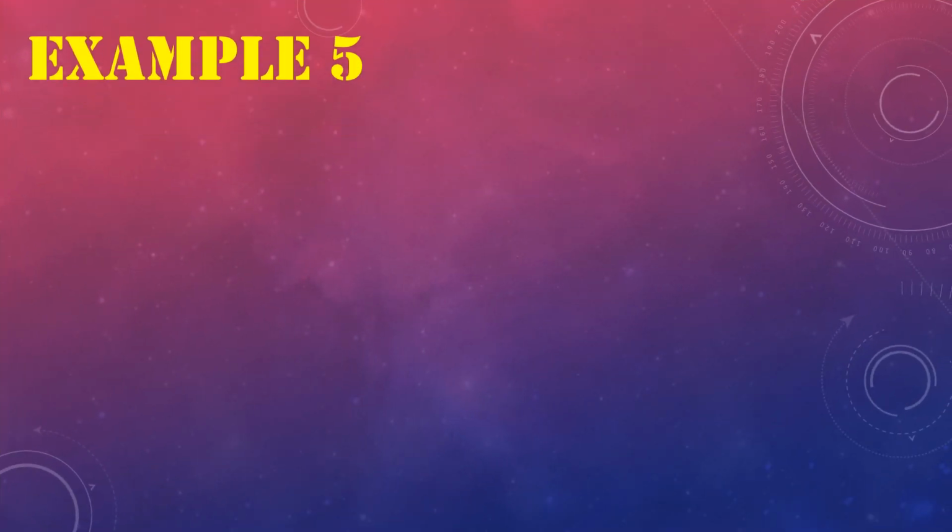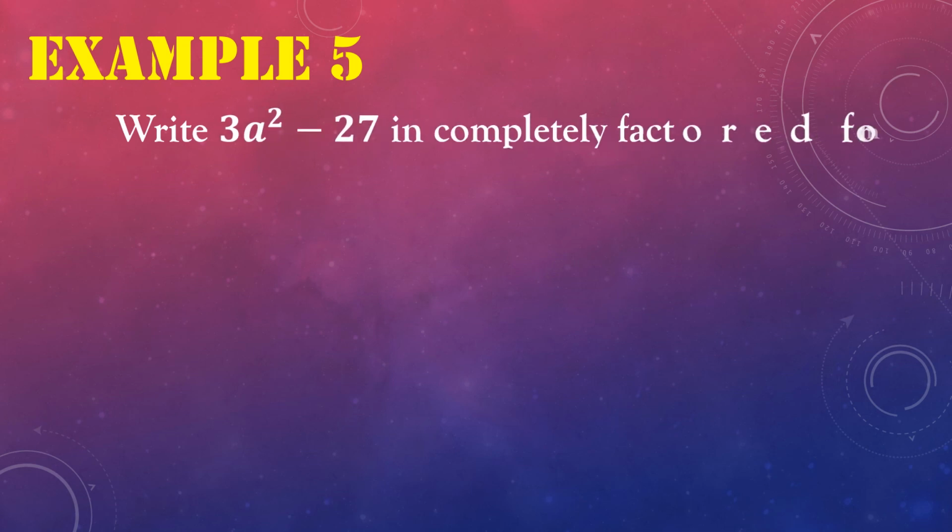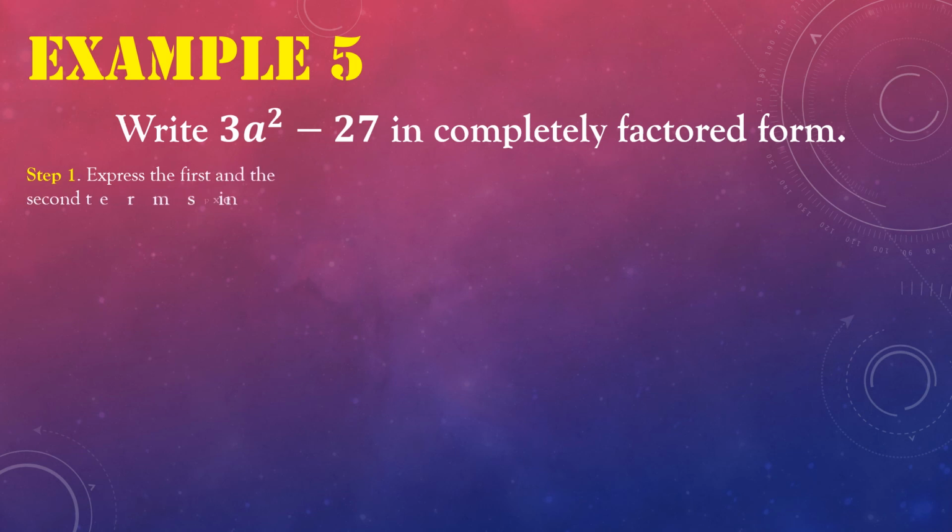Example number 5. Write the expression 3a squared minus 27 in completely factored form. Step 1. Express the first and the second terms in exponential form with the power of 2. But as you can see, is 3 a perfect square? Is 27 a perfect square?